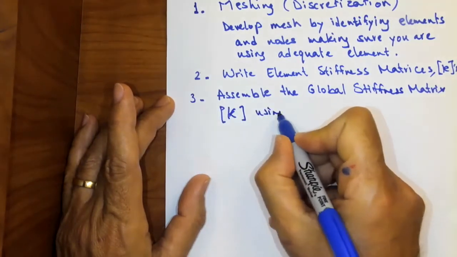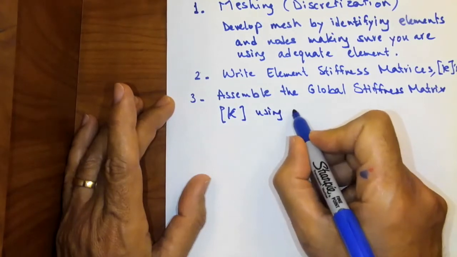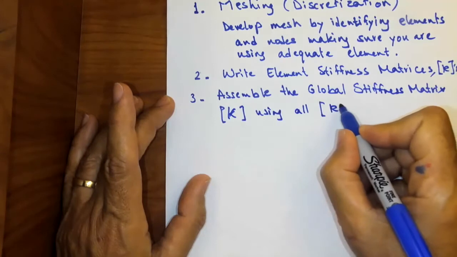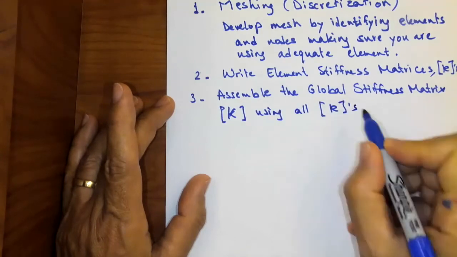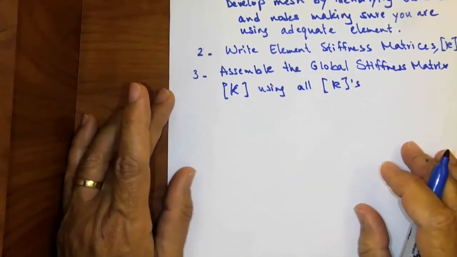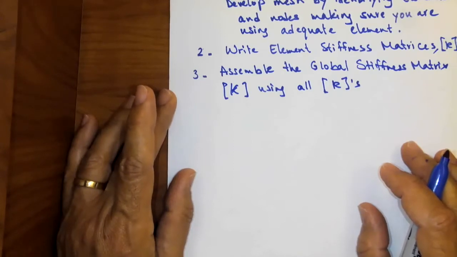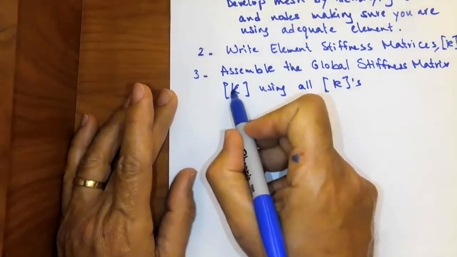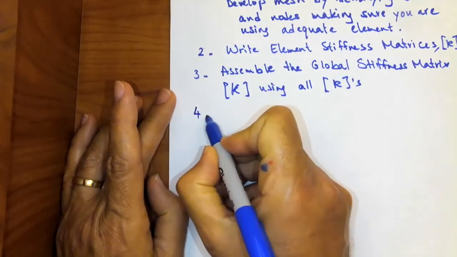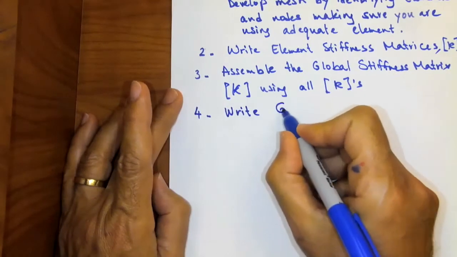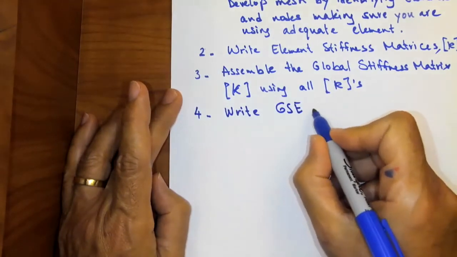Using all the lowercase k's or the element stiffness matrices. If I have K, I can write the global stiffness equation.